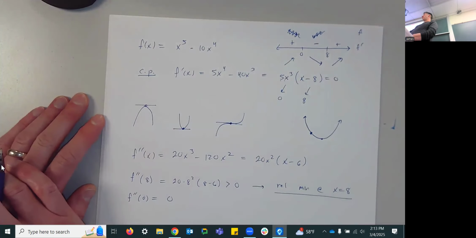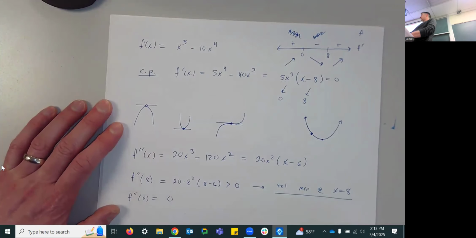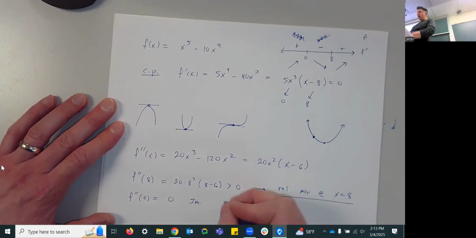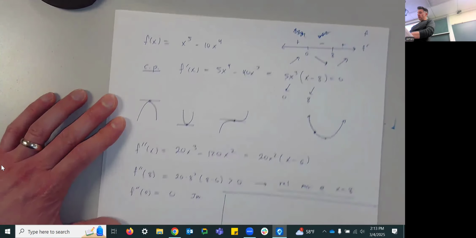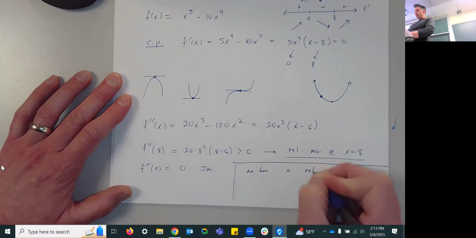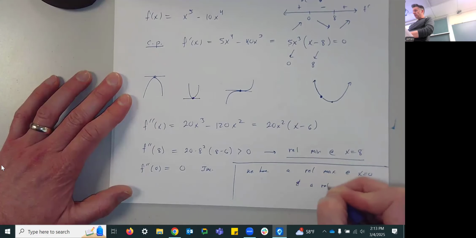And we also have a relative maximum at 0, unlike the second derivative test, which didn't tell us anything. This is inconclusive here. So the first derivative test is superior. The first derivative test tells us we have a relative maximum at x equals 0 and a relative minimum at x equals 8.